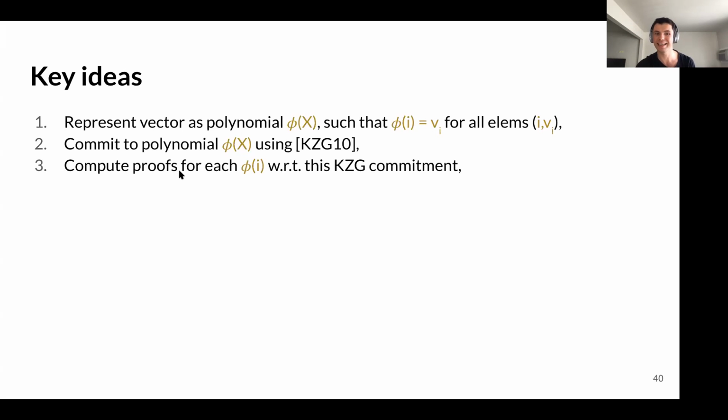And then you can compute these KZG proofs for each phi of i. So you can prove that phi of i is equal to v_i with respect to the commitment of phi. And really the challenge is that computing these proofs is too slow to do for all points i. If you have n points, you have to spend n squared time to compute all proofs if you do it naively. And that's one of the challenges that we tackle in our work.